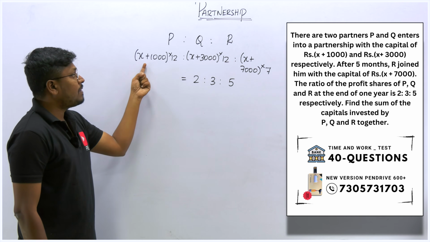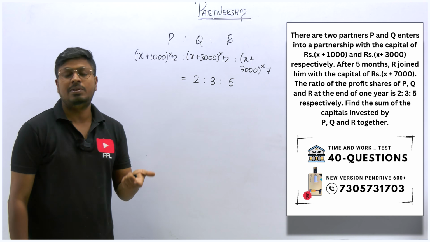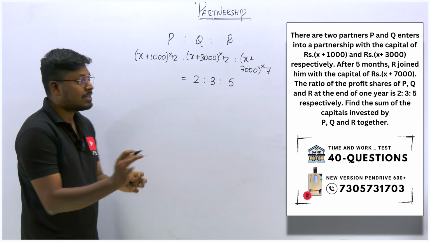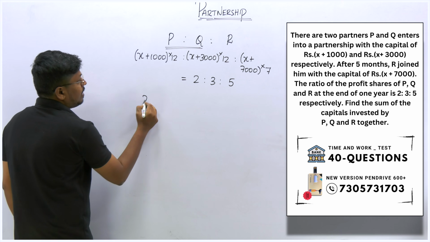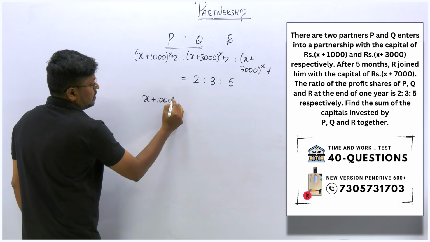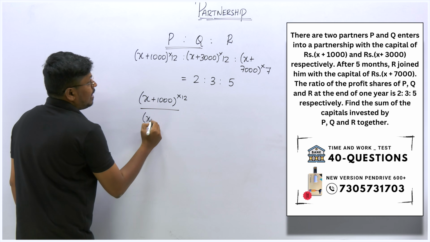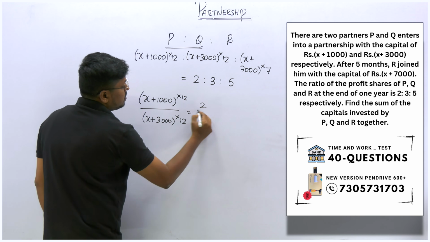So if they have given 3 ratio and the profit ratio is also given, you can take any 2 ratio value to find the value of x. So I can take the first 2, P and Q, right? So P and Q, where x plus 1000, right, into 12, first value, divided by the second person, x plus 3000 into 12 months, and the ratio is 2 by 3.